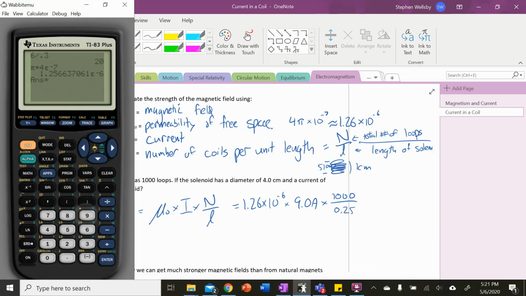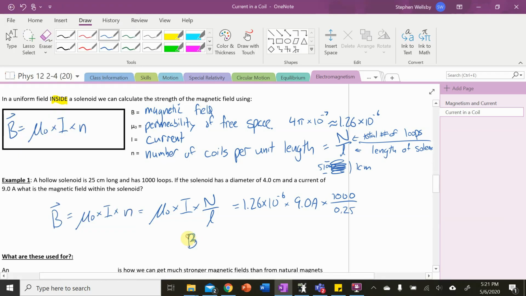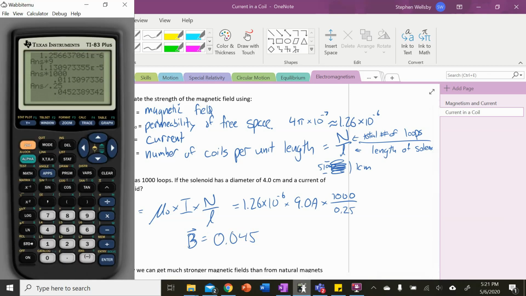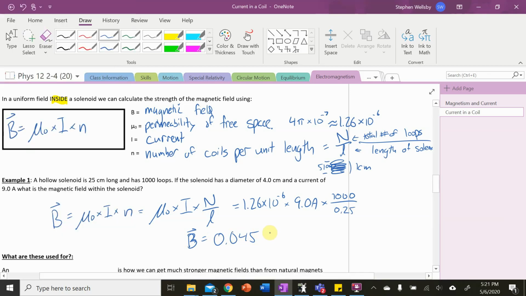We're going to multiply that by 9. We're going to multiply that by 1,000. And then we're going to divide that by 0.25. And that's going to give us this value here. So B equals 0.045. Let me just check for sig figs. Yeah, 0.045. And the unit for magnetic field strength is Tesla.